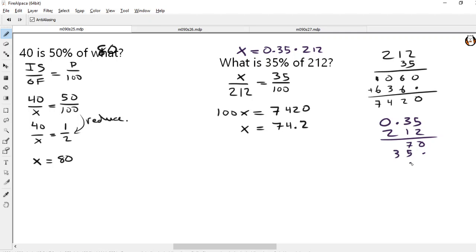Make sure we multiplied correctly. We'll get 7,420 with 2 decimal places, 74.2. Either way we do it. Great. Next round of problems.